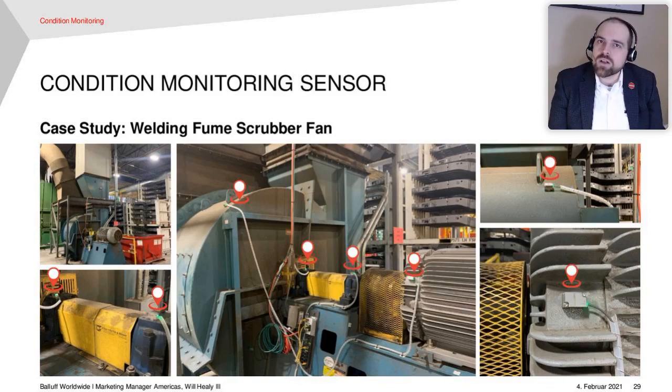Welding, anybody welding or anybody generating fumes in general, if you've got air handling equipment, this is something that you probably have. This is a welding fume scrubber system. A welding fume scrubber collects air from the welding process and allows them to process that air and then eject it.